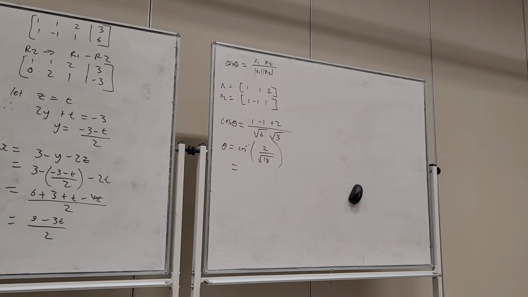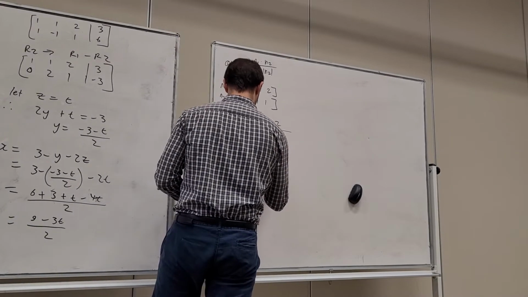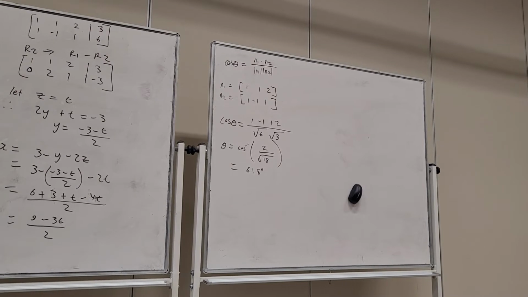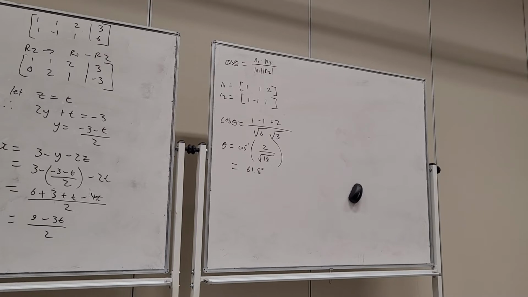So 2 on root 18. 61.8 degrees is the angle between the two planes. All right. So we've got the two planes meeting, and we've found the angle between them.